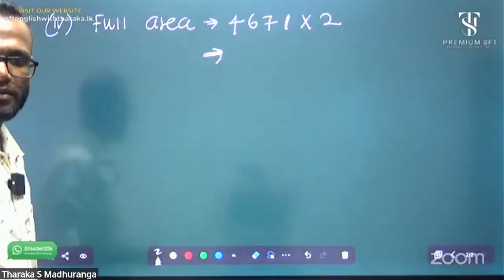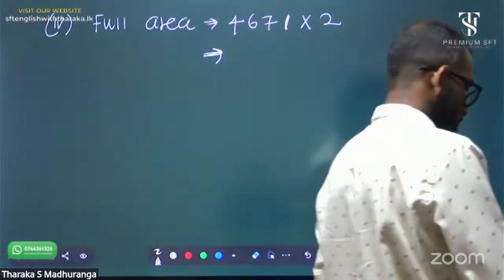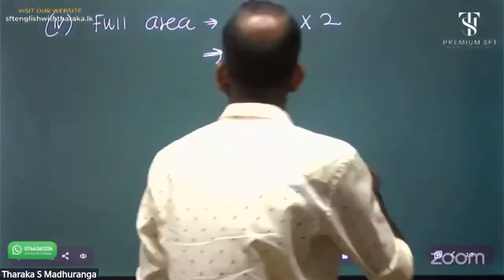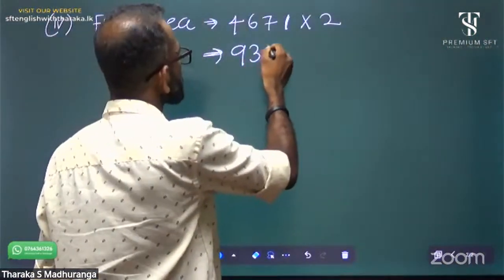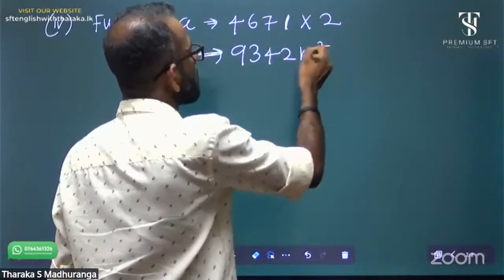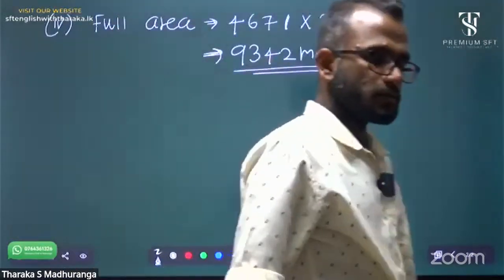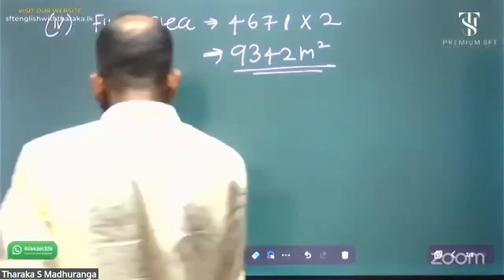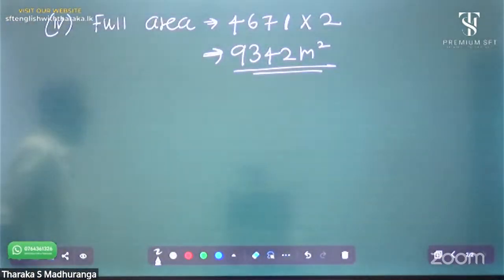Get the full area. Okay, this is the full area. Right, Vihanga? Correct.